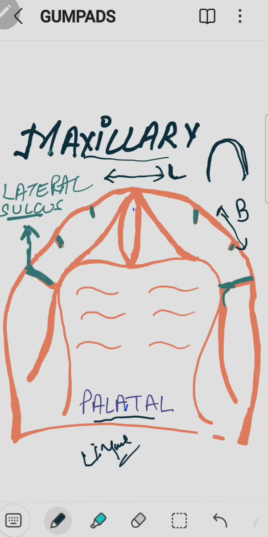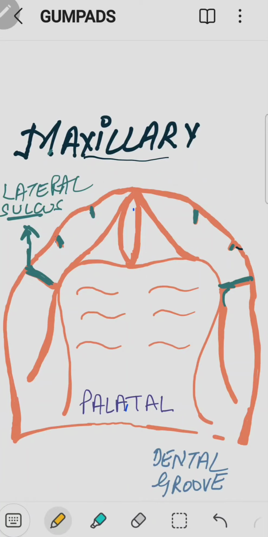So it develops into two portions, and both portions of the gum pads are separated from each other by a groove which is called the dental groove. The gum pads are divided into certain segments by grooves. These particular grooves are called the transverse grooves.